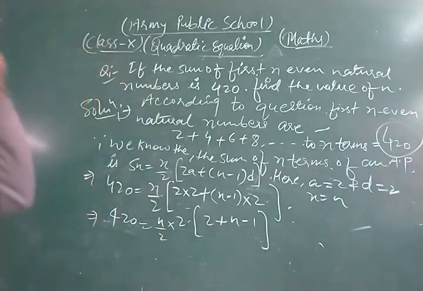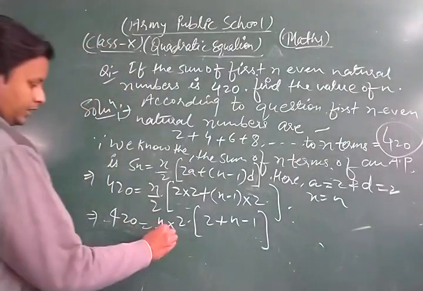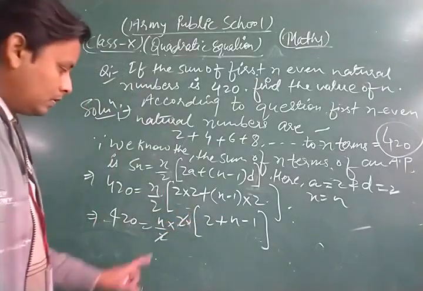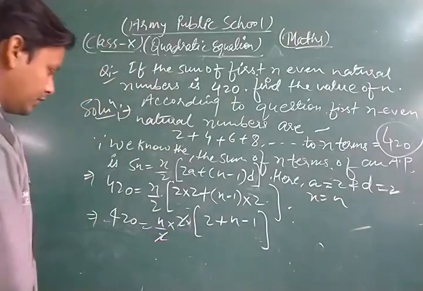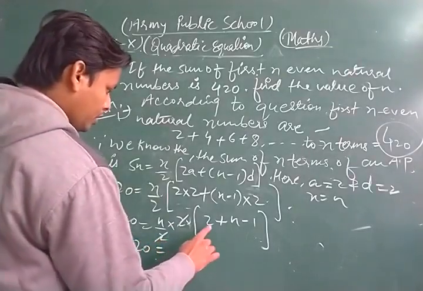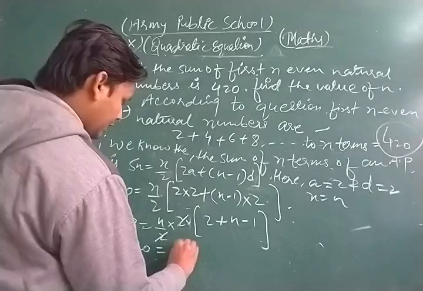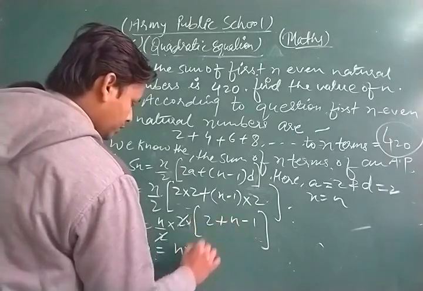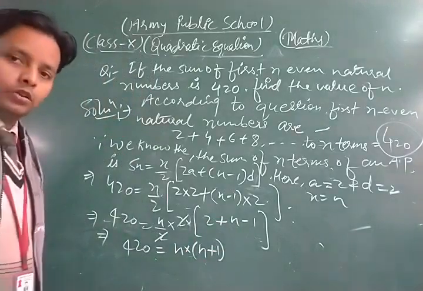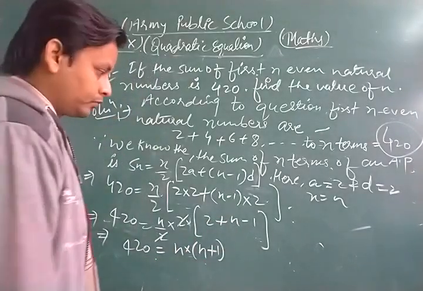Okay students, now look here, the 2s cancel each other, so we get 420 is equal to n into 1 plus n minus 1, that is n into n plus 1. Now we just multiply them.